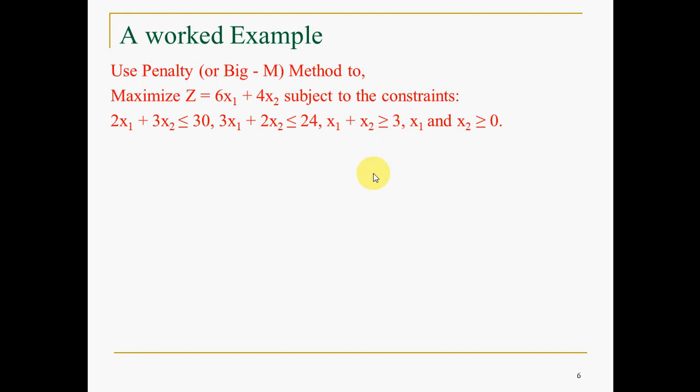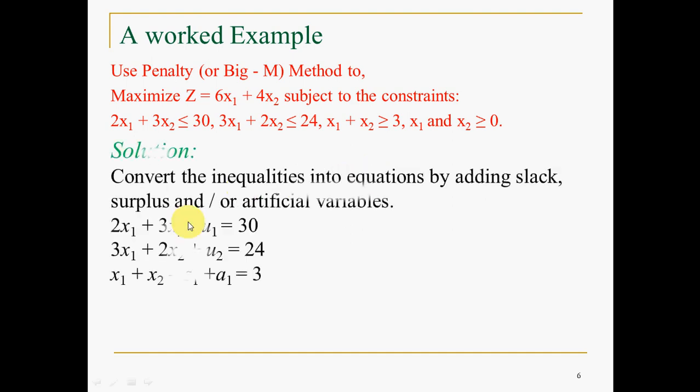surplus variables and artificial variables will come into the picture. Now coming to the solution part, the first thing is to convert the inequalities into equations by adding slack, surplus and artificial variables. For the first one, 2x1 plus 3x2 is less than or equal, so you have to add something to the LHS, a slack variable as we discussed in the previous session: plus u1 equals 30. 3x1 plus 2x2 plus u2 equals 24, where u1 and u2 are the slack variables.